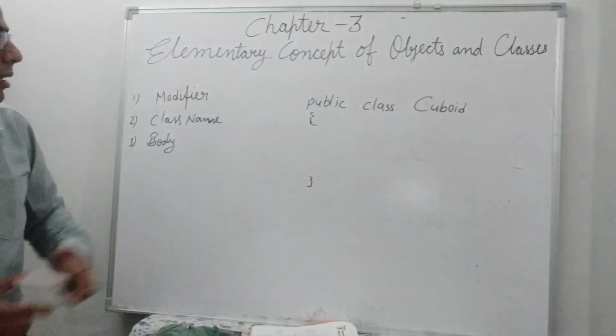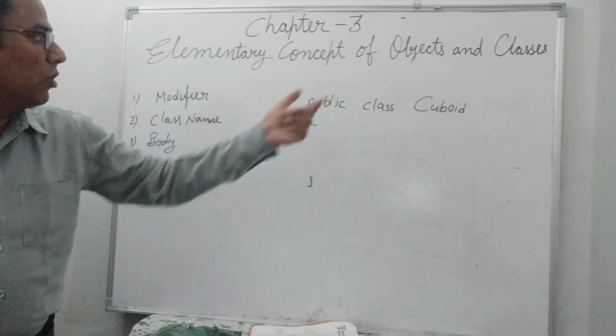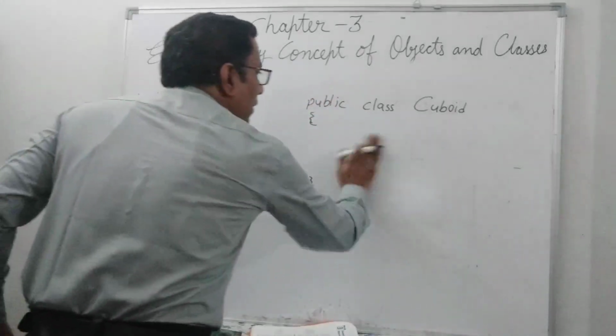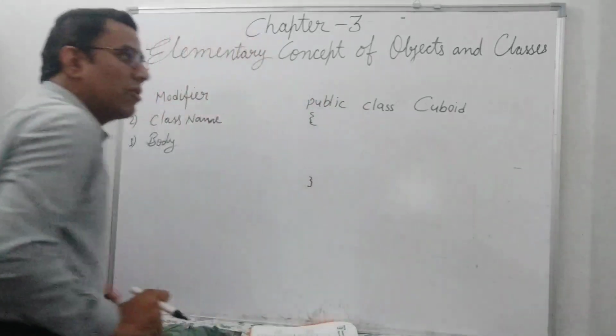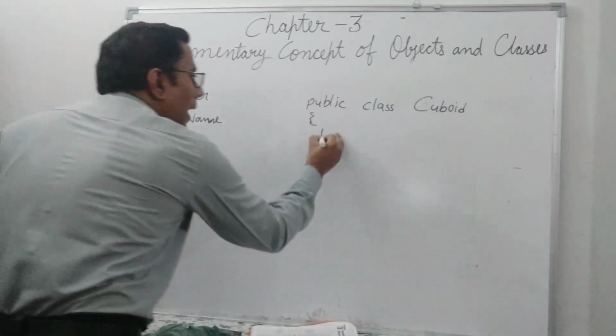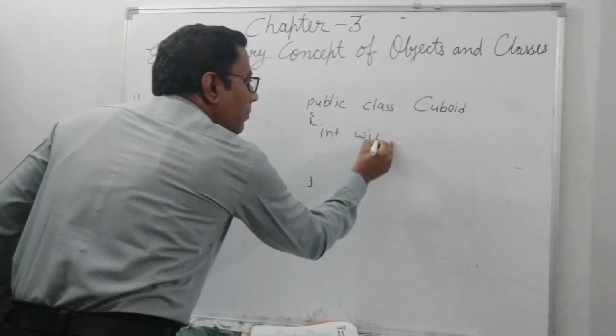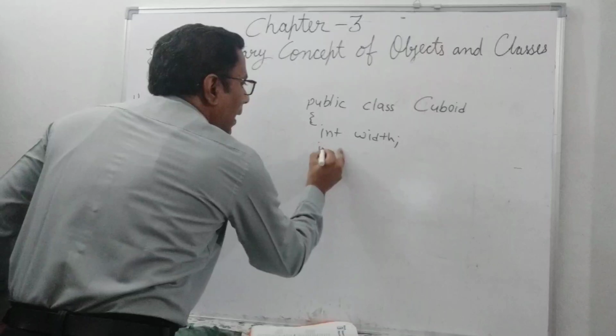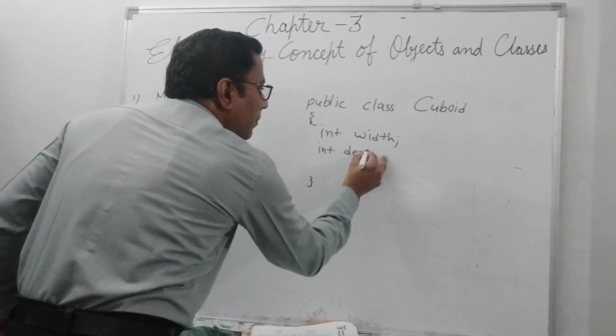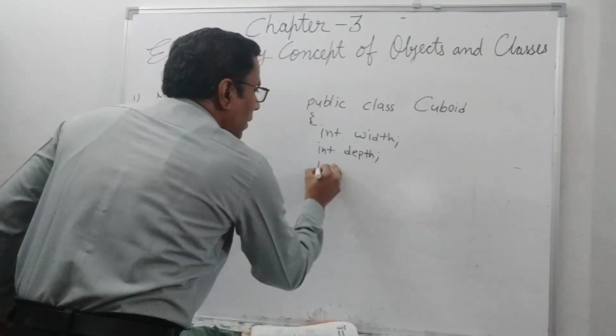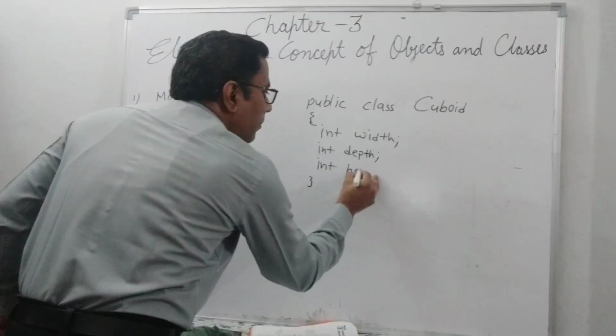For example, I am creating the public class Cuboid, and here I am giving some instance variables: int width, int depth, and int height.